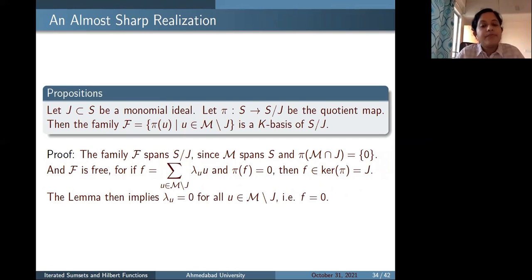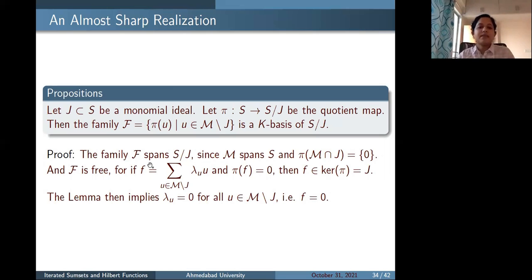Now, coming to our next proposition, which we need here, it says that suppose J is a monomial ideal of S, and pi is the quotient map from S to S/J. Then the family F, which is pi(U) for U a monomial not belonging to J, forms a K basis of S/J. Well, while proving this, what we need to do is the following.